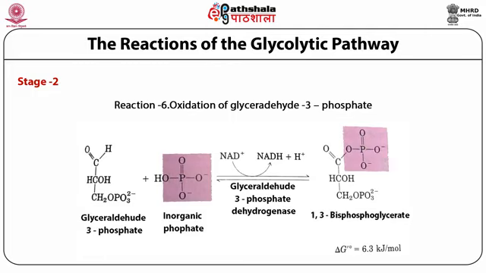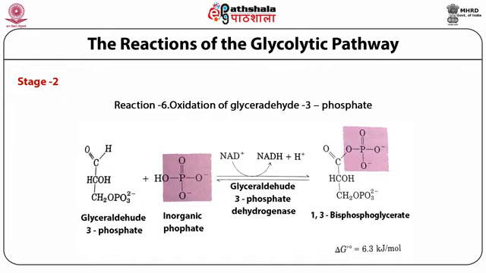This is the first reaction of stage 2 and overall reaction 6 of glycolysis, the oxidation of glyceraldehyde 3-phosphate. The reaction catalyzed by glyceraldehyde 3-phosphate dehydrogenase requires nicotinamide adenine dinucleotide, that is NAD, as an electron carrier.